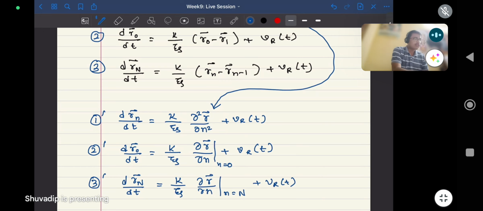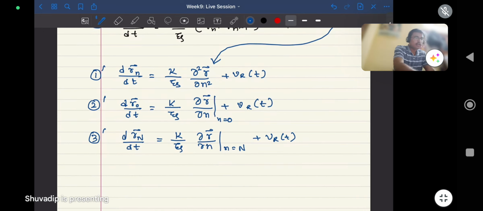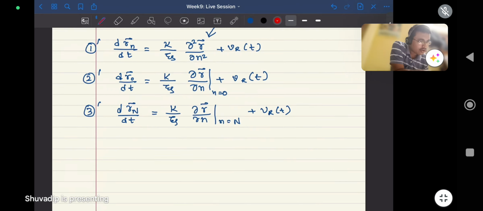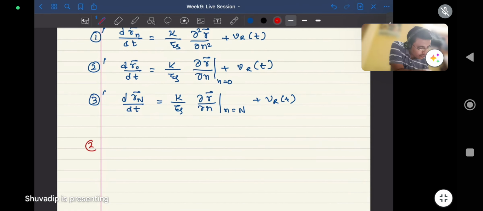Now let us discuss the next question in the assignment. Question number 2: what is the boundary condition? Option A, del 2 r del n 2 is 0.